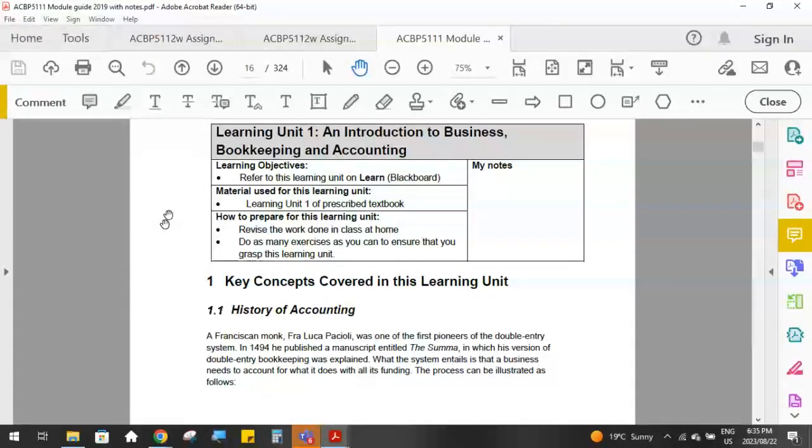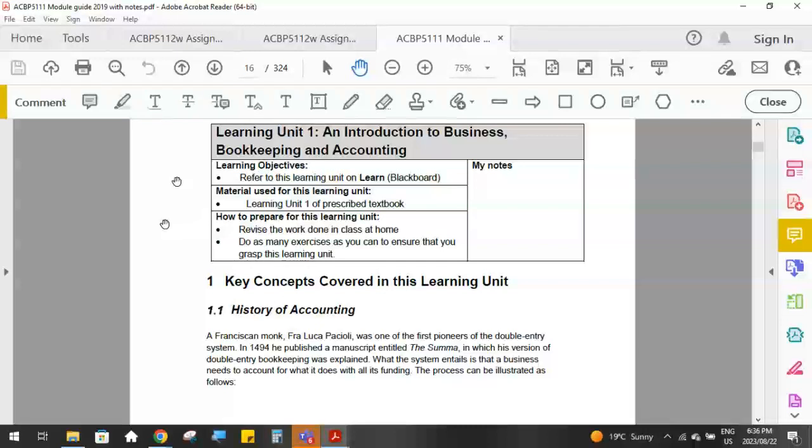Your learning objectives, remember, you can always find on Learn itself at the beginning of each learning unit, or you can find them on your module outline, which is also uploaded to more resources. They are important because they tell you what outcomes you're expected to be tested on by the time the exam comes.